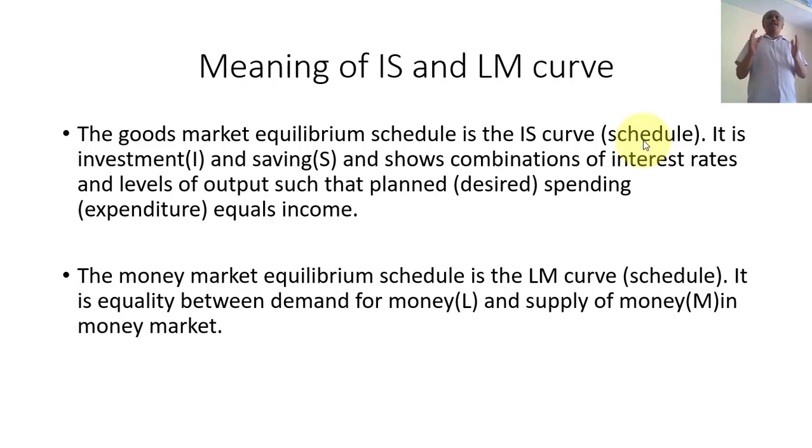The product market equilibrium schedule explains the relationship between savings and investment, whereas the money market equilibrium schedule explains the equality between demand for money and supply of money. This is the meaning of the IS and LM model.